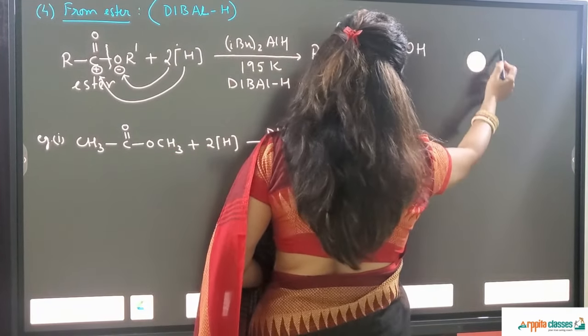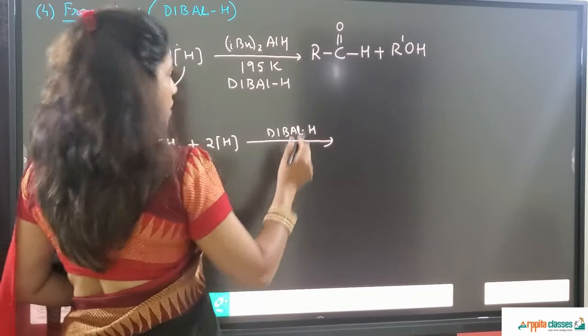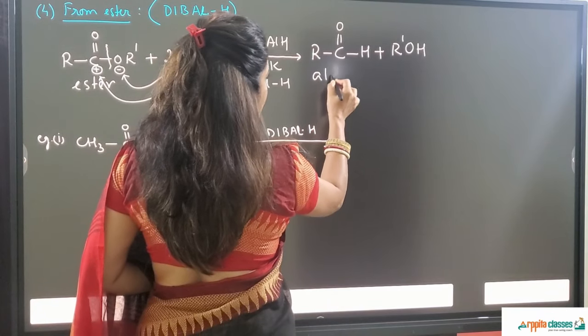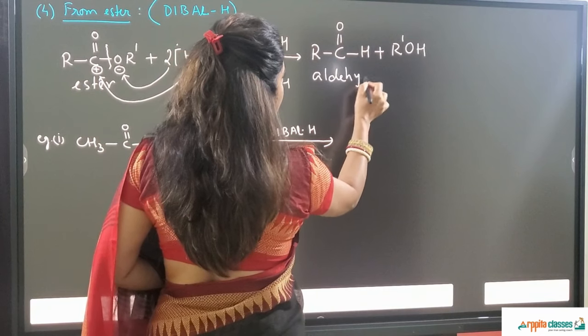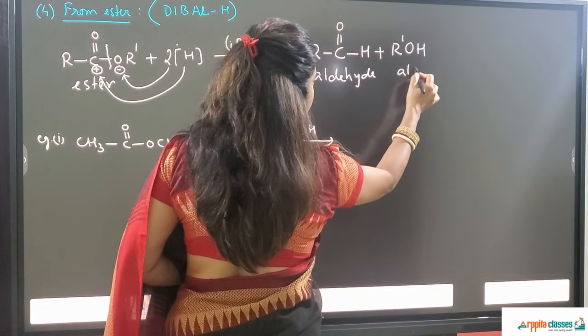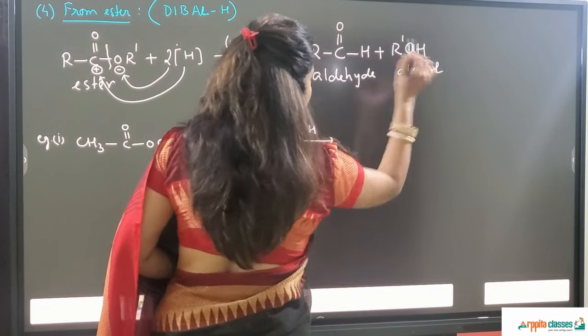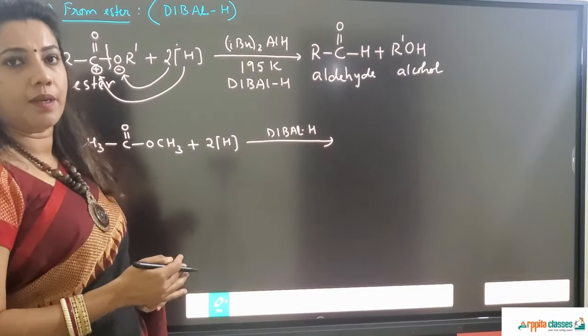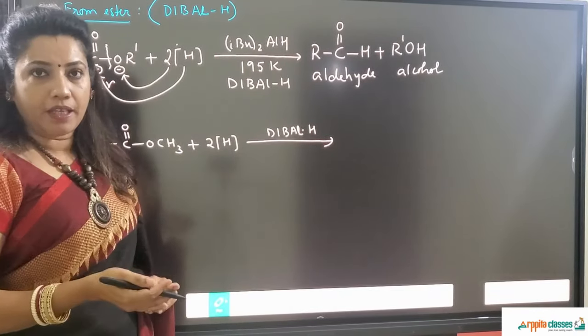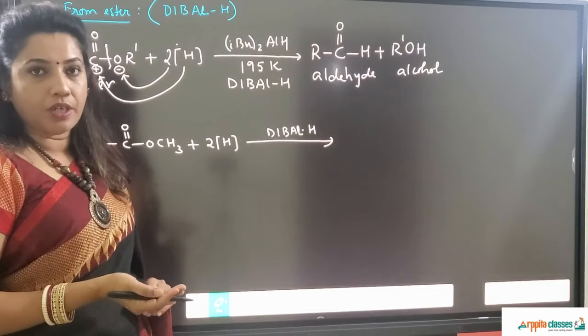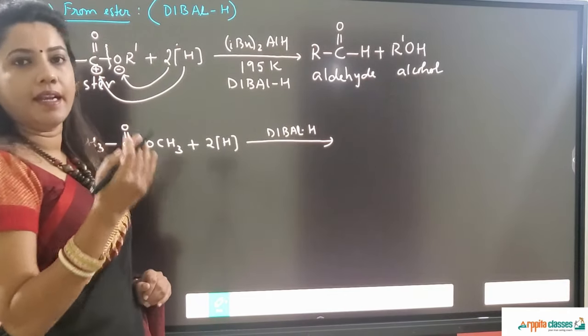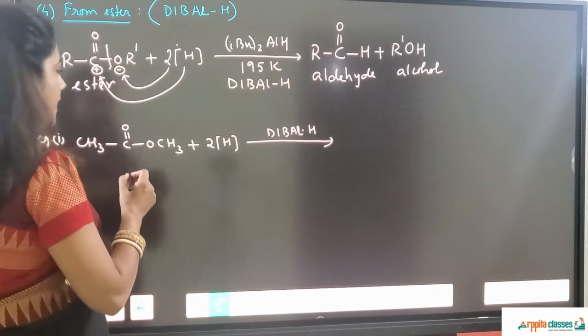So these are the products of this reaction. This is my aldehyde and R dash OH is alcohol. So the overall reaction is, when the ester is treated with DIBAL-H at 195 Kelvin temperature, we are getting aldehyde and alcohol.